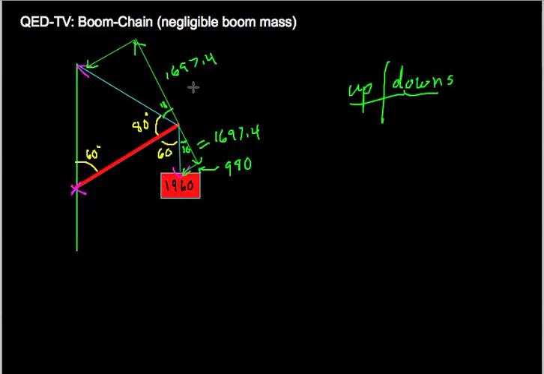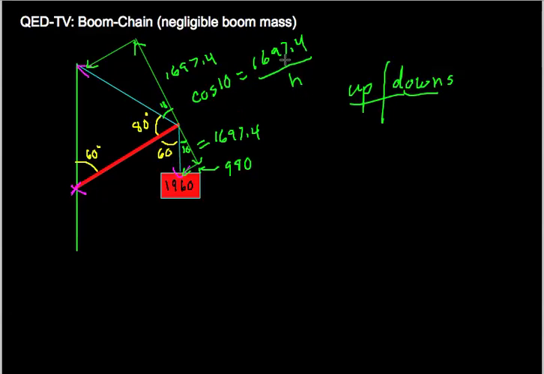That means I can figure out what this hypotenuse is and what this other side is right here. So I want to figure out the hypotenuse. It's going to be the cosine of 10. The cosine of 10 will equal adjacent, which is 1697.4, over the hypotenuse. We'll call it h.